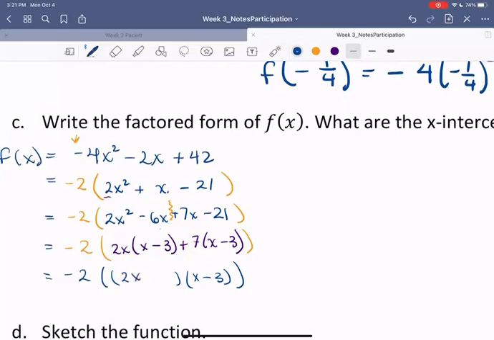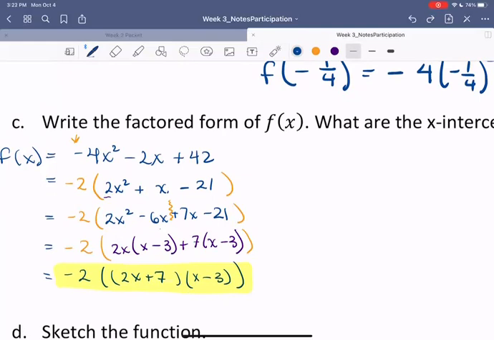I have 2x plus 7. All right, so our factored form looks like the following. -2 times 2x plus 7, all times x minus 3. And now when you're doing this on your own, it's okay to have these terms in different order. We're just multiplying here, so the order in which we multiply doesn't matter.